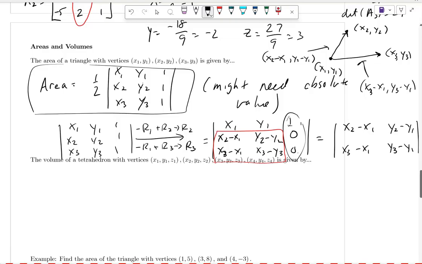Right? We can expand this up a dimension if you've got what's referred to as a tetrahedron. A tetrahedron is a 4-sided solid with all triangles on it. Okay? You can do the volume in a similar fashion. You're going to create a 4x4 determinant.